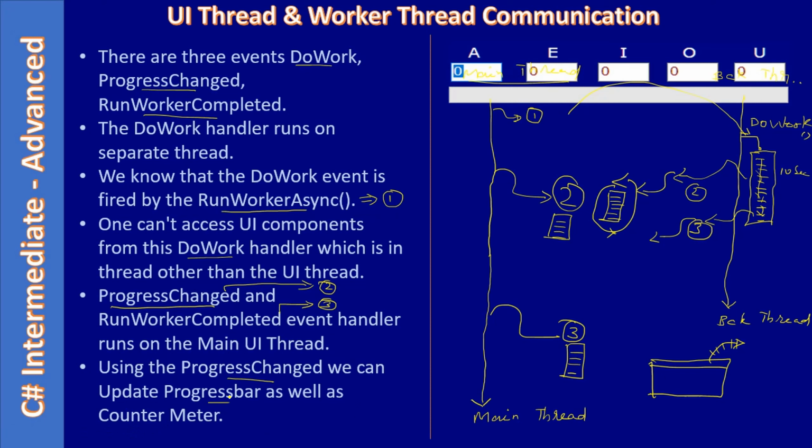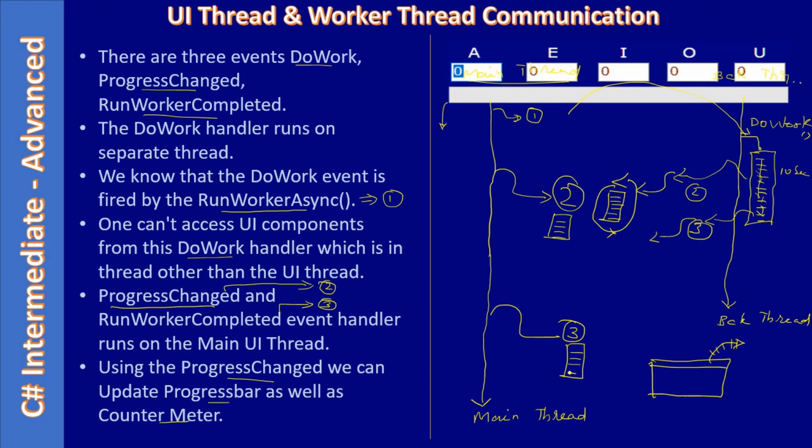This ProgressChanged is meant only for the progress bar update, to show how much of the long running background worker task is completed. But here we are using the same event to update the count meter.